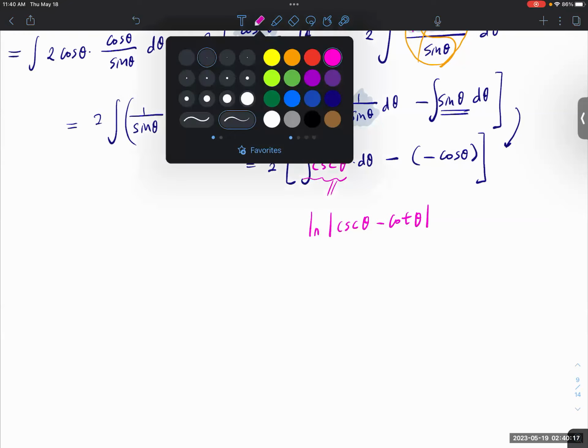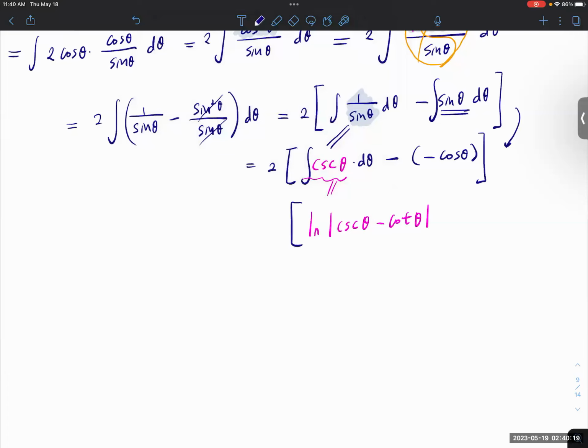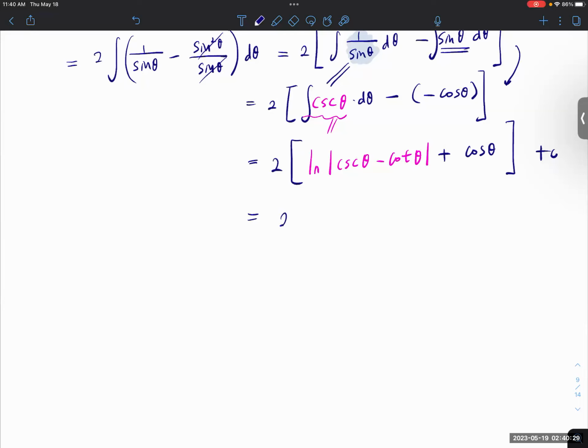And then we have double negative, positive cosine theta plus a c. So if I rewrite it, this is a 2 ln cosecant theta minus cotangent theta plus, distributive property, 2 cosine theta plus the c, correct?